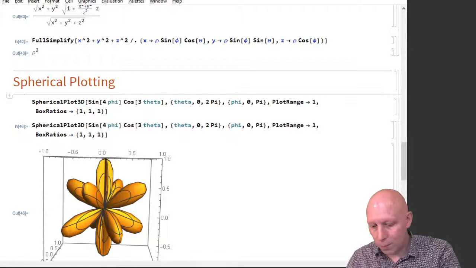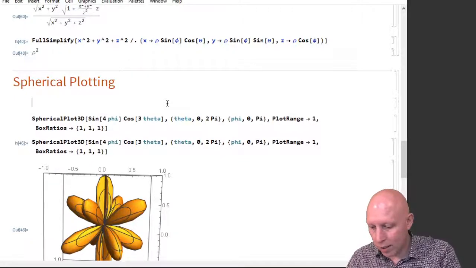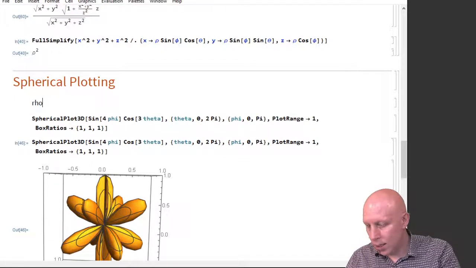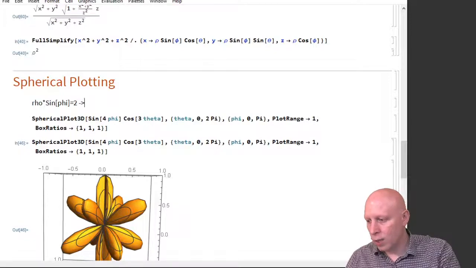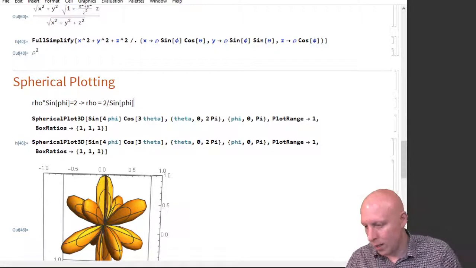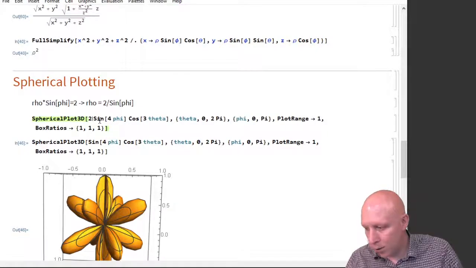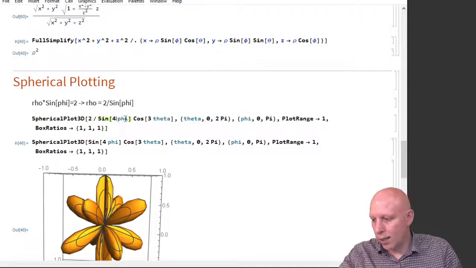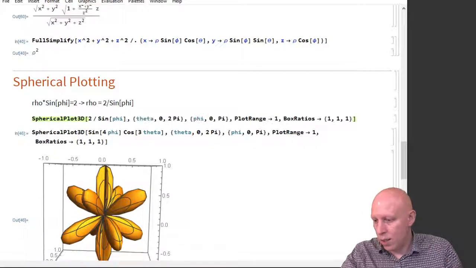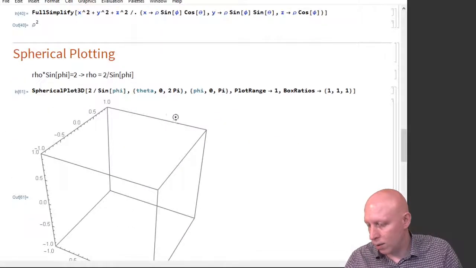We had rho times sine of phi equal to 2, so we're going to convert that into the equation rho is equal to 2 divided by sine of phi. We want to plot 2 divided by sine of phi, and when we do that, it's not giving us anything.